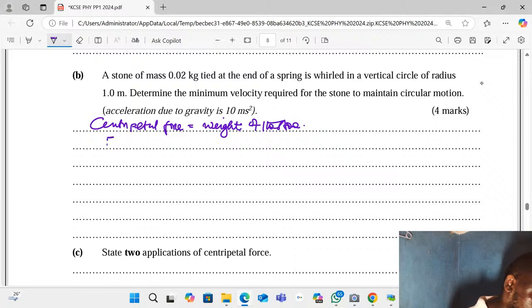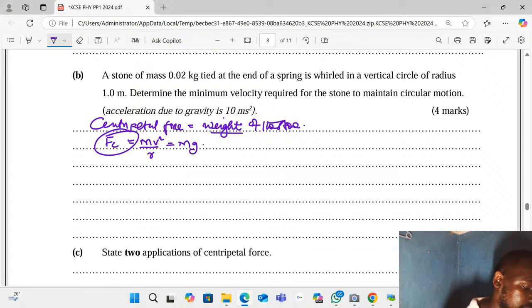We say Fc, which is centripetal force, is given by mv squared over r, and it is the same as the weight of the stone, mass times gravity. Since the mass is constant, we cancel it out.